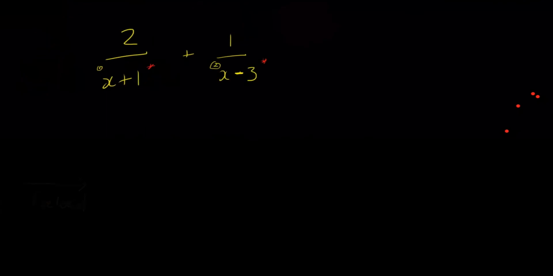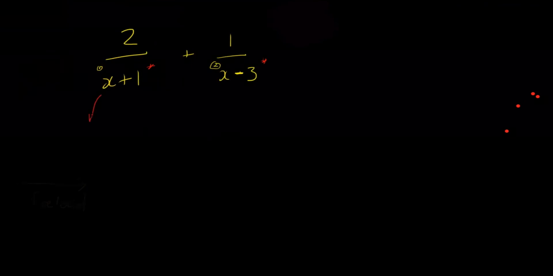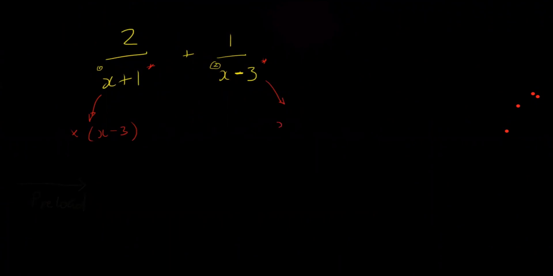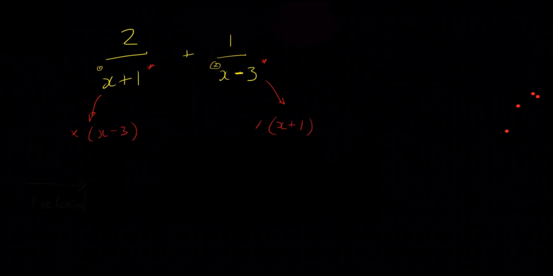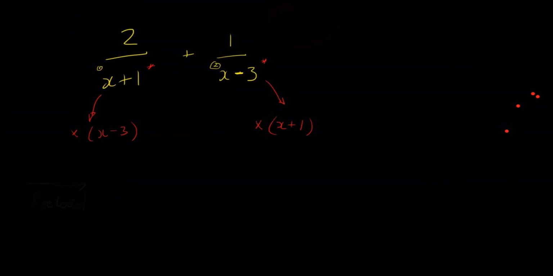If I multiplied this one by something, and that one by something, what would I get at the bottom? I would get both of these terms being the same, correct?